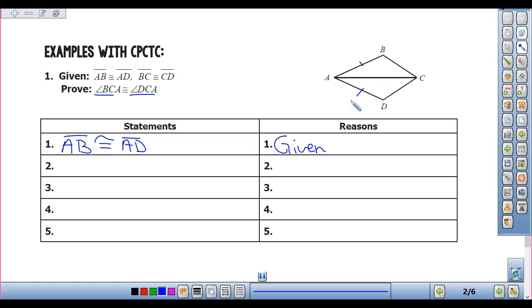That tells us that BC is congruent to CD. What else do I know? Share side, so what side do they share? AC is congruent to AC by reflexive.